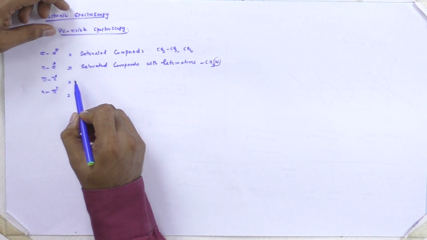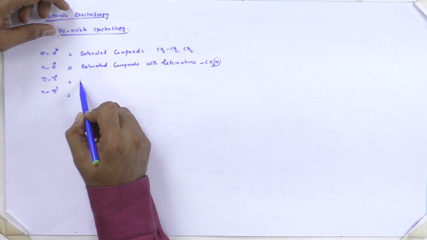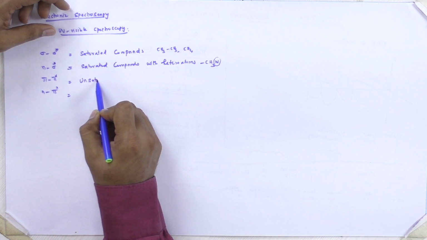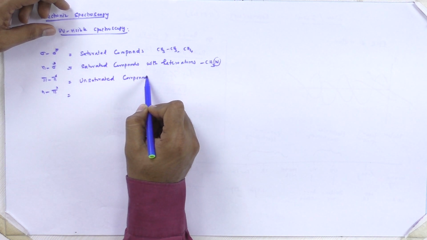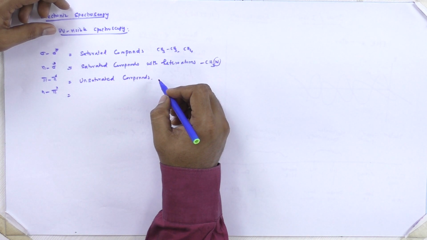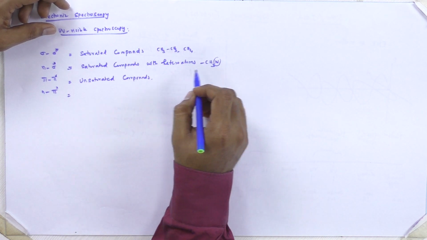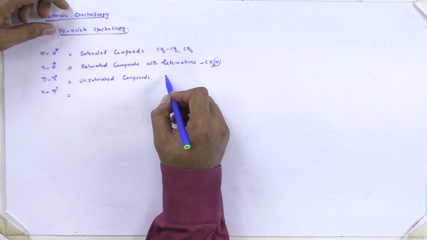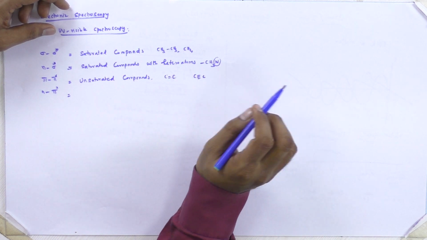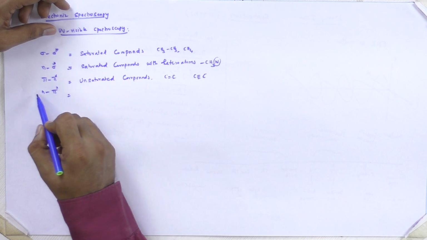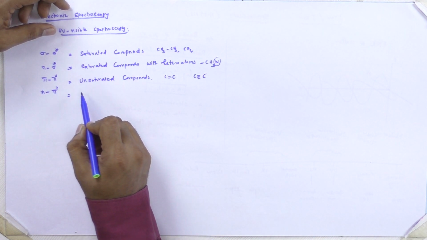Next is pi to pi star, which mostly happens in unsaturated compounds. As you know, unsaturated compounds are compounds having double bonds, like C double bond C, C triple bond C, and so on. The next one is n to pi star.